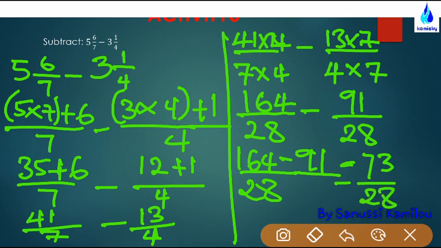So when you finish, because the numerator is bigger than the denominator, you must still go ahead and simplify. So you do your division. 73 divided by 28. How many times do you think 28 will go into 73?